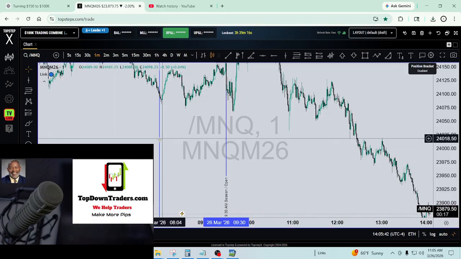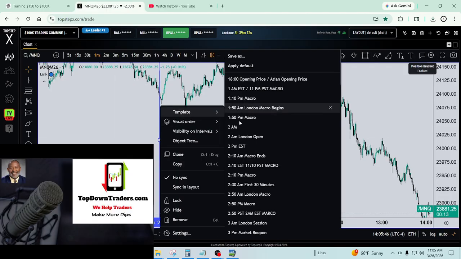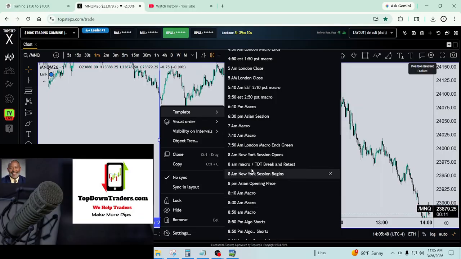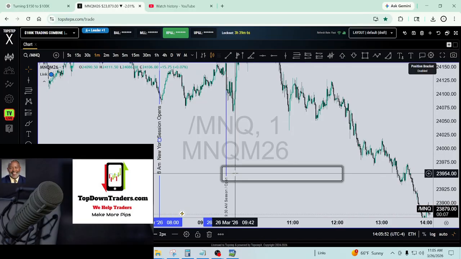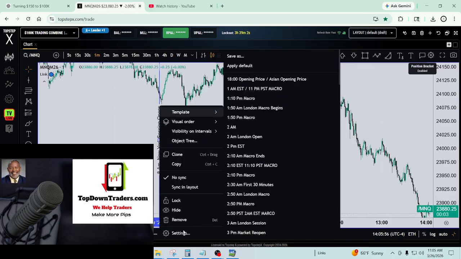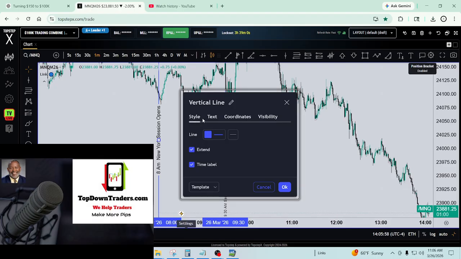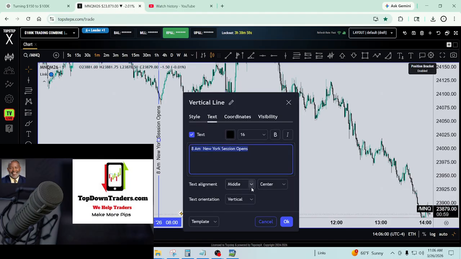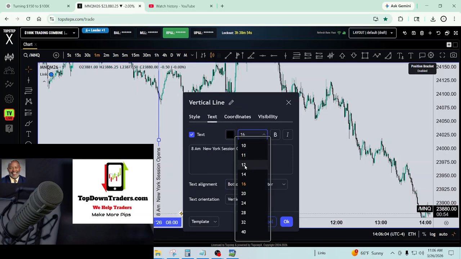Here's your 8 a.m. pre-market open. I'll put it at the bottom, not in the middle, and change the font size to 12.